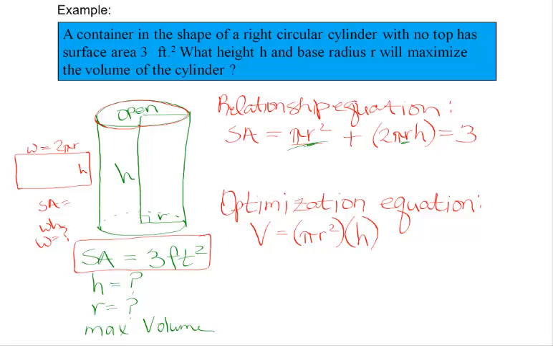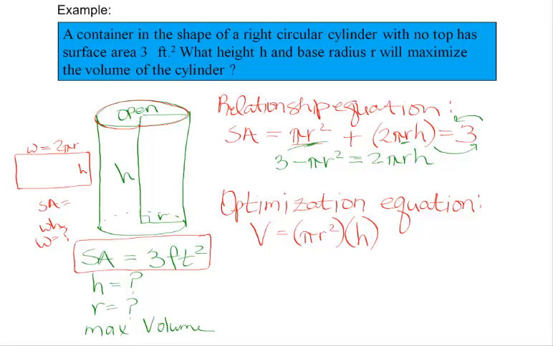I'm going to subtract this term from both sides. That's supposed to be an equal sign. So I'm subtracting pi r squared from both sides. I have moved this over to the other side and this to that side.